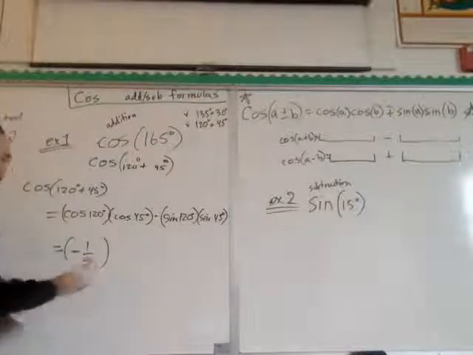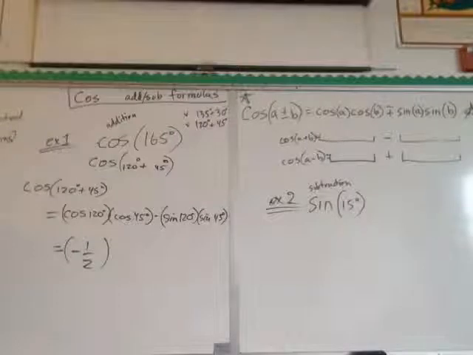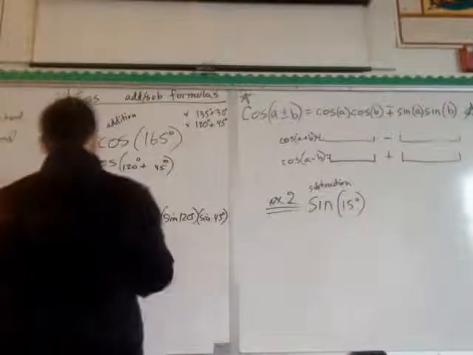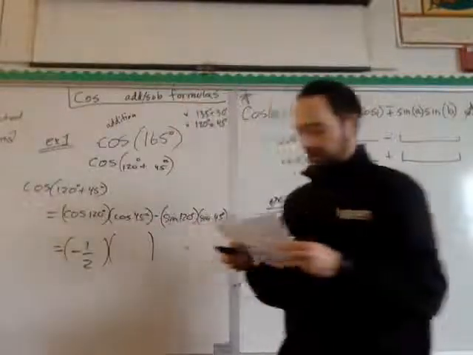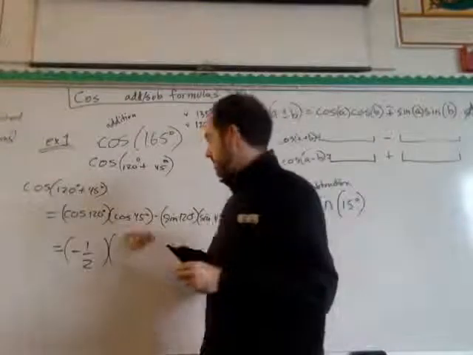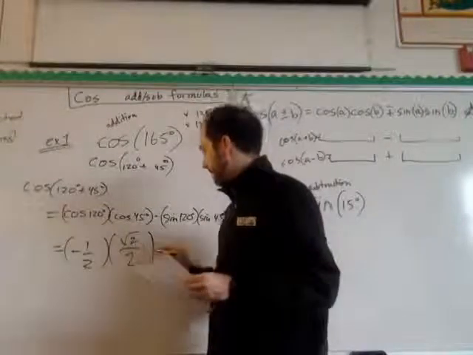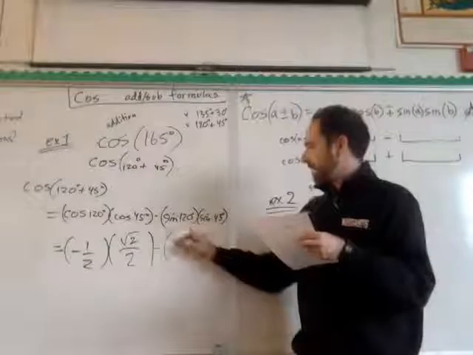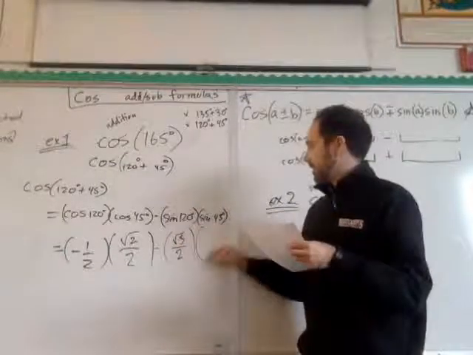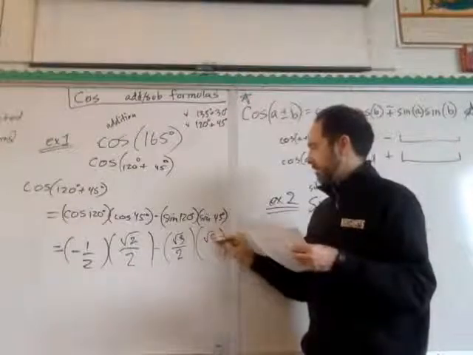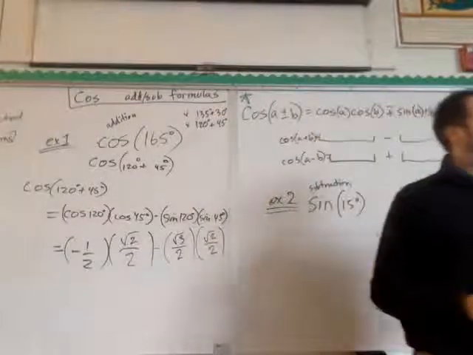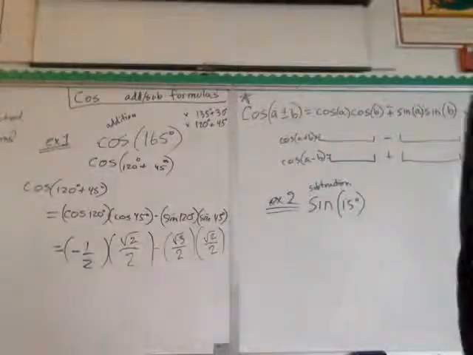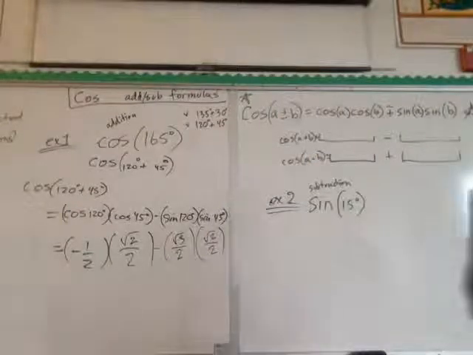And then cosine of 45, that's pi over 4. That one's straight up root 2 over 2. Minus, go to 120, find the sine, that's root 3 over 2. And this one's going to be root 2 over 2. Everyone okay with how I pulled those out? It's just like yesterday, right?